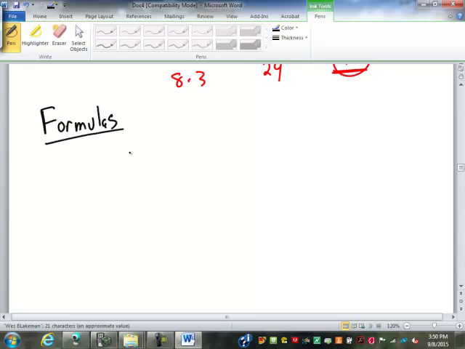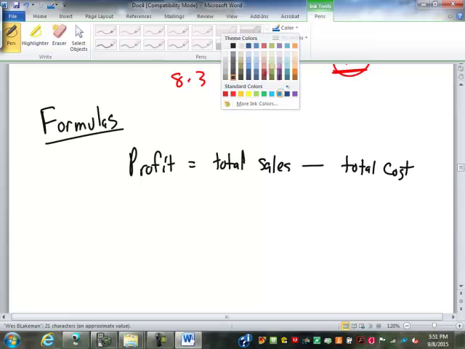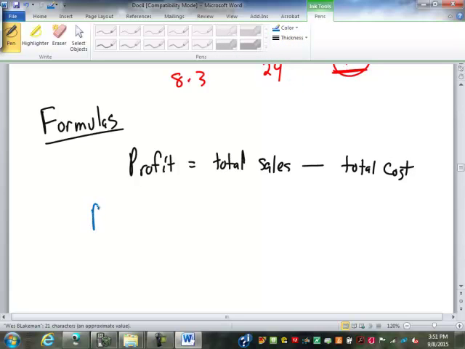For example, one formula you might use is profit is equal to total sales minus total cost. Let's say we have a product that we purchase for $27 per unit and sell for $45 per unit.